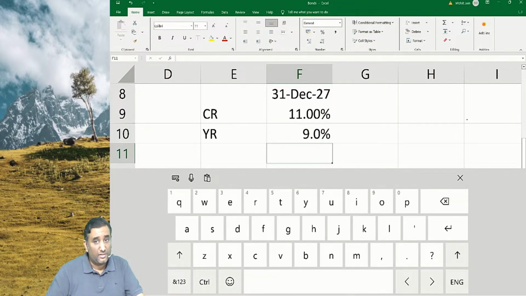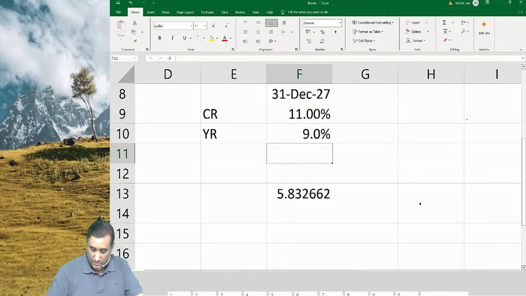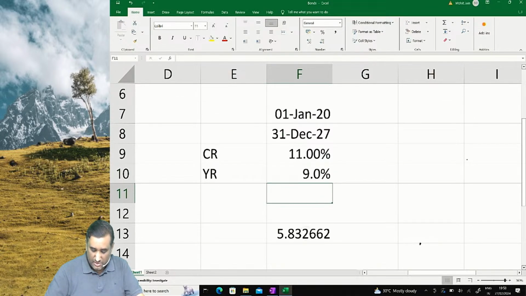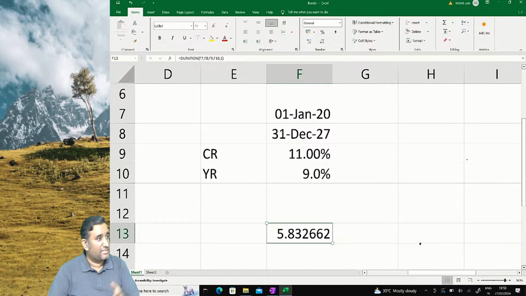What is your answer coming? 5.833. This is the answer coming, right? 5.833. Now let me change. This is exactly the time it takes. It is taking me more time because I don't have the option to play with this, because of the mouse etc.